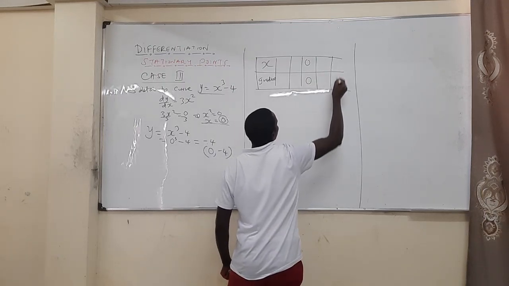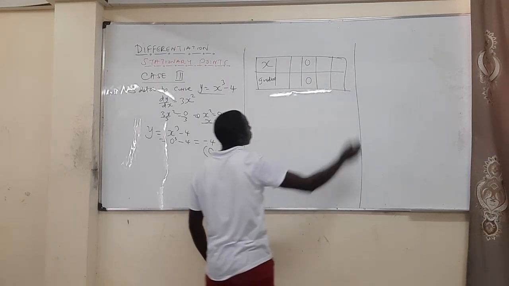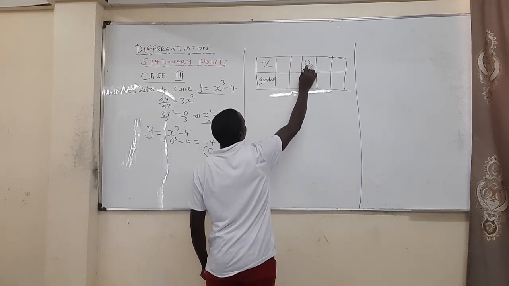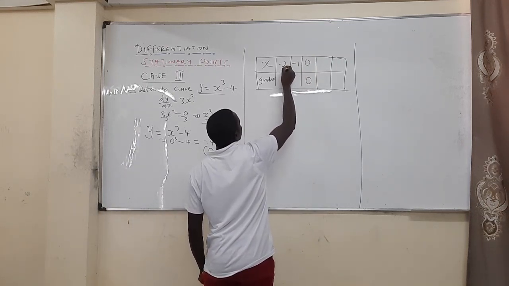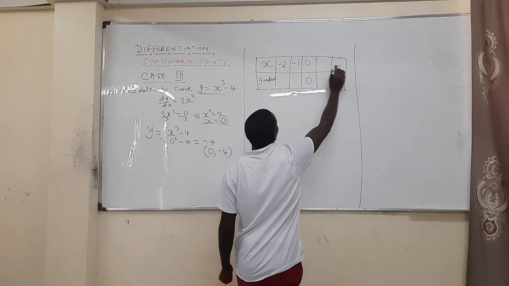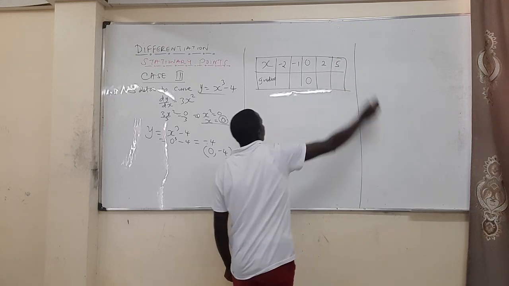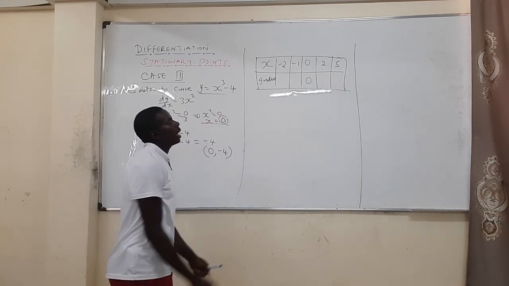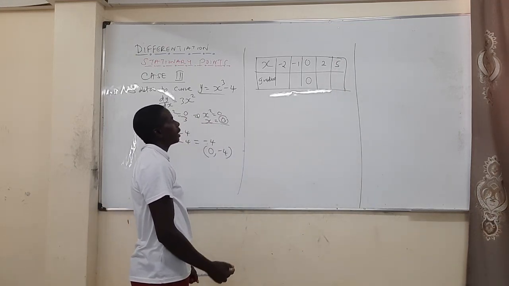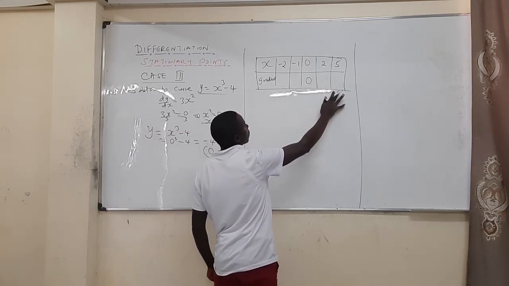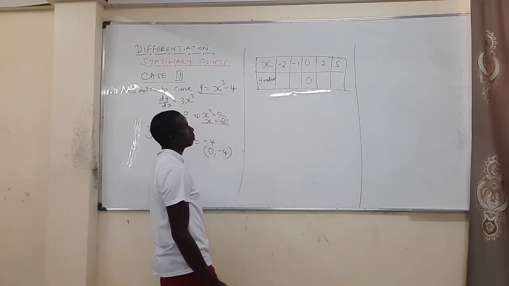Then you can have 2 points on the right and 2 points on the left-hand side. On the left of 0, you can have minus 1 and minus 2. On the right, you can have positive 2 and positive 5. We just want to see the behavior of the gradient on the left-hand side and on the right-hand side of the stationary point.